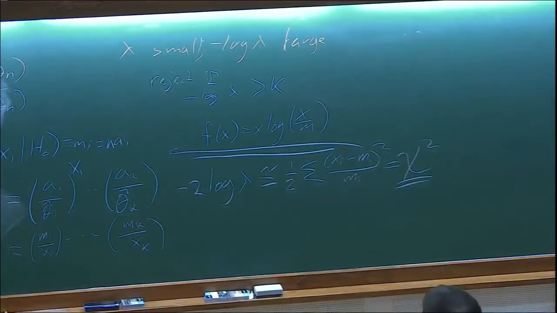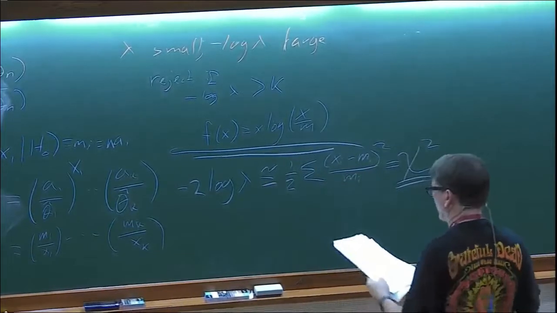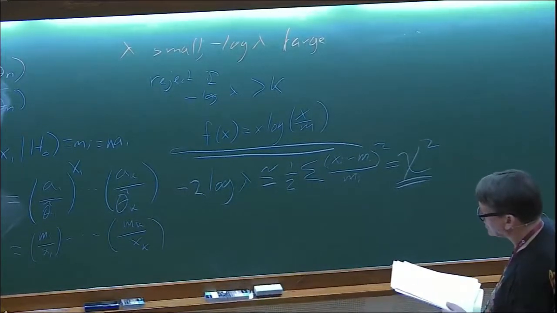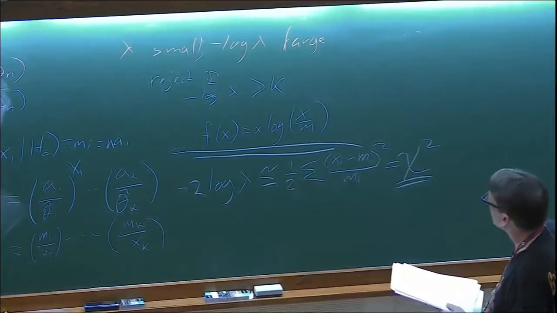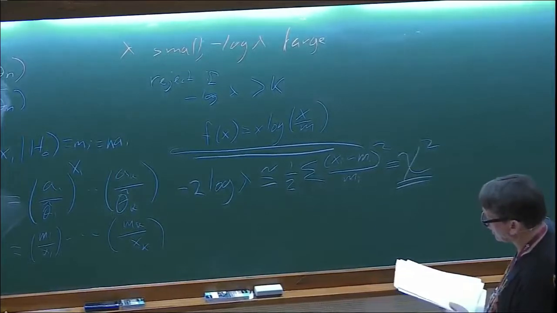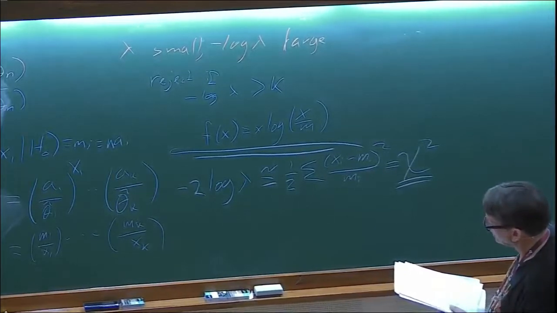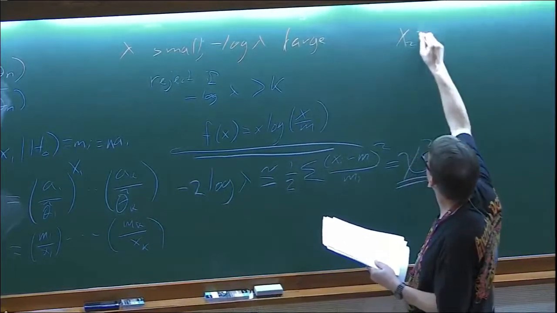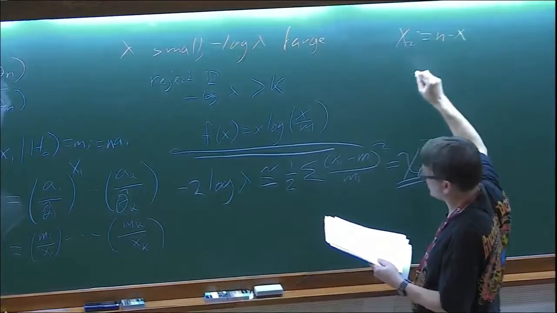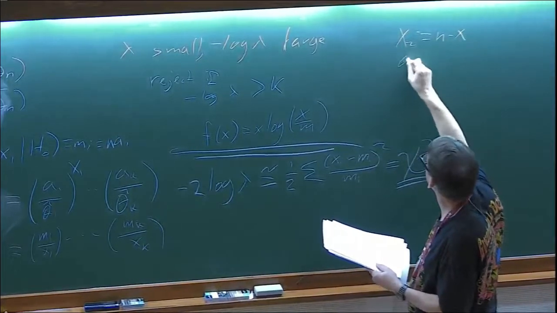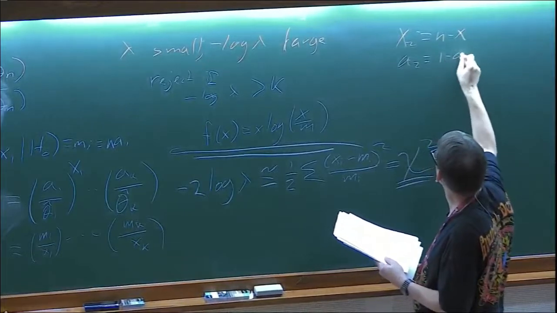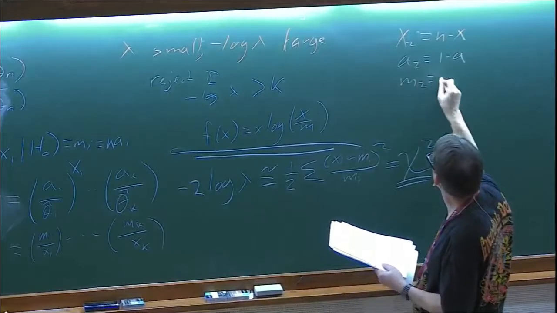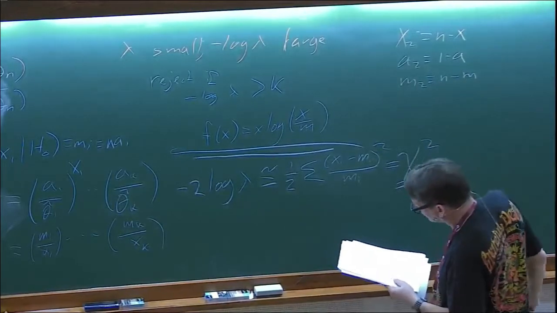Now, if you start from this formula here, and you consider the case for k equals 2, that's really binomial, then you'll have x2 equals n minus x, a2 is 1 minus a, m2 equals n minus m.